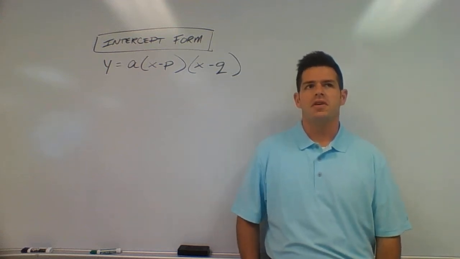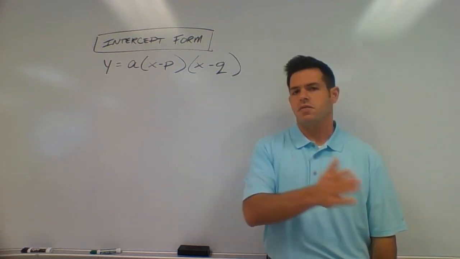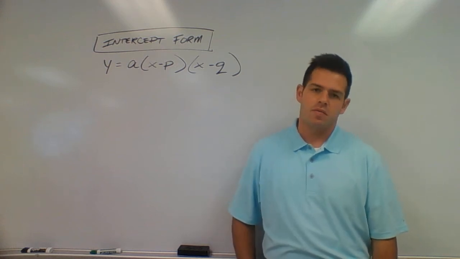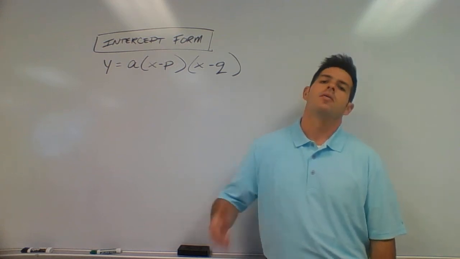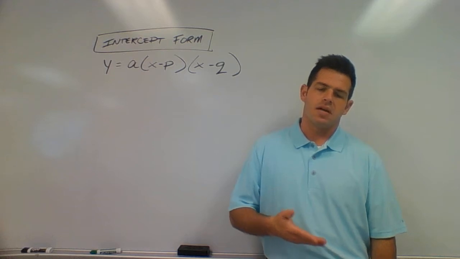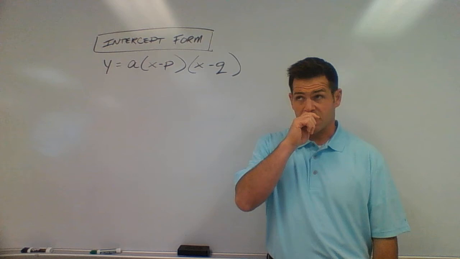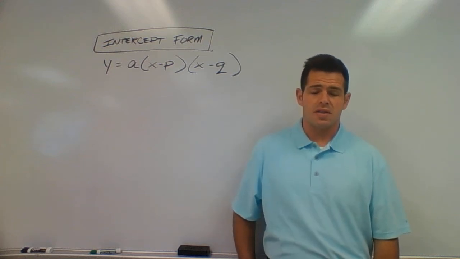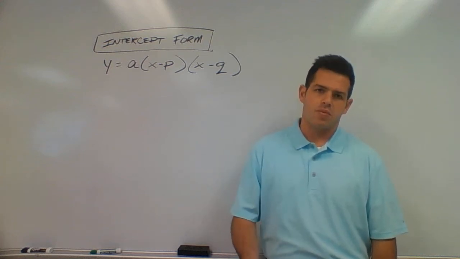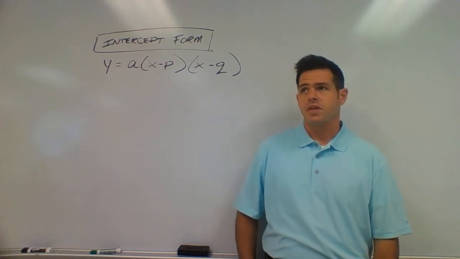And hopefully you can understand from each of these different forms how much information we can get from them, both when we're doing algebra problems and trying to graph pictures, as well as when we have application problems and are getting information from them.